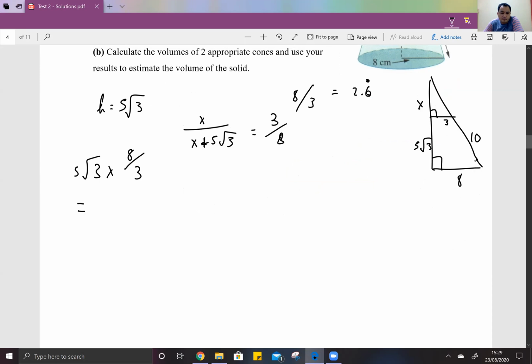Is this correct so far? Did you cross multiply here? If you cross multiply here, 8x, right? 8x equals 3x plus 15 times square root of 3. This thing, if you cross multiply. We are solving this equation for x. Okay.